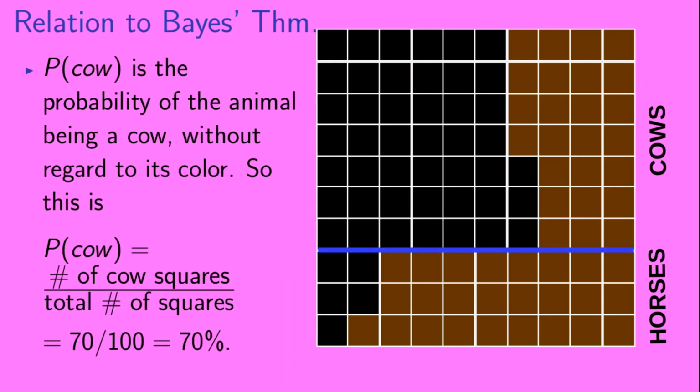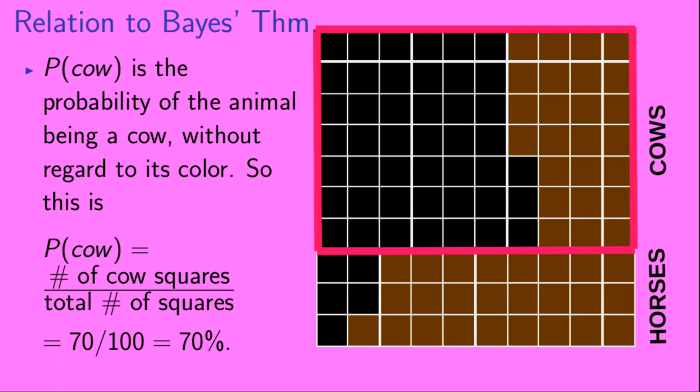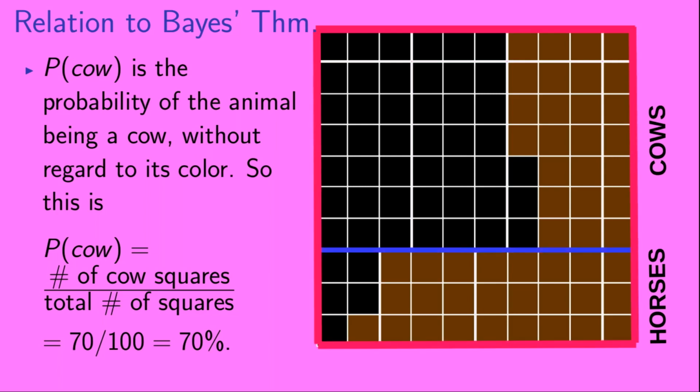And now, P of cow is the probability of the animal being a cow without regard to its color. So this is given by P of cow is equal to the total number of cow squares, so that's the 70 in the top part of the grid, divided by the total number of squares, which is 100. So that gives us 70 divided by 100, or 70%.